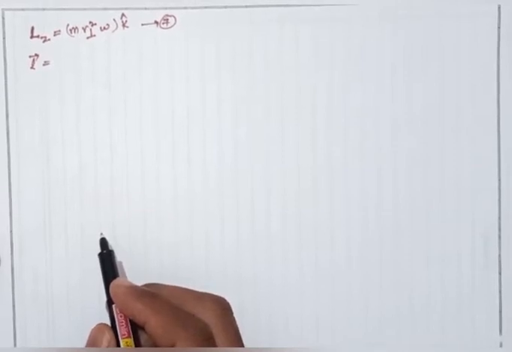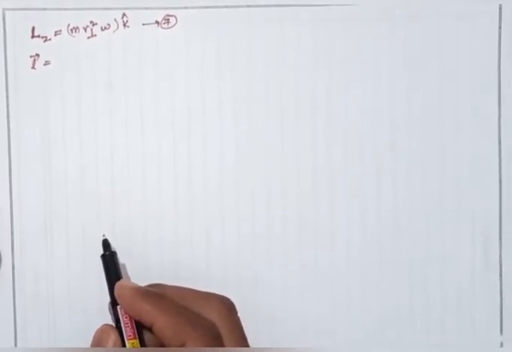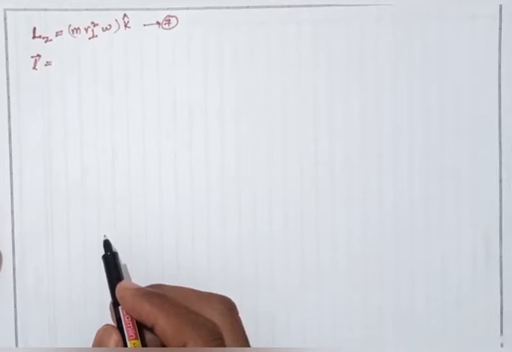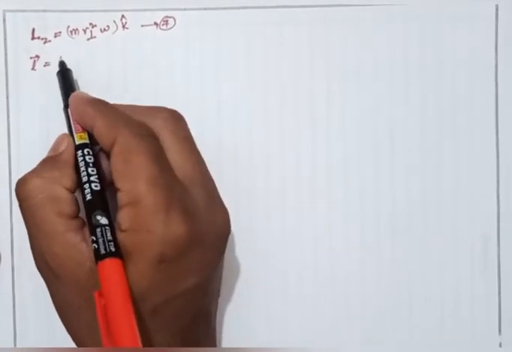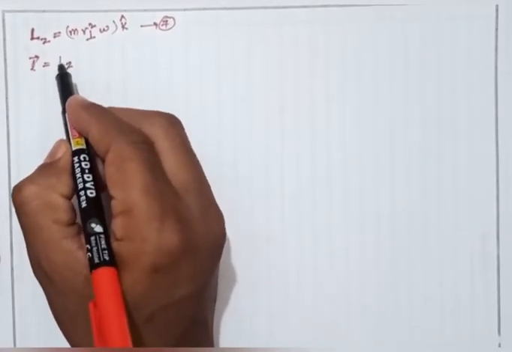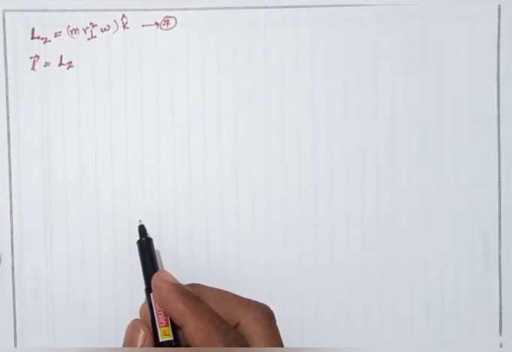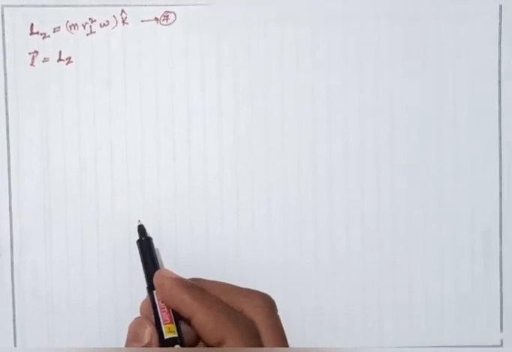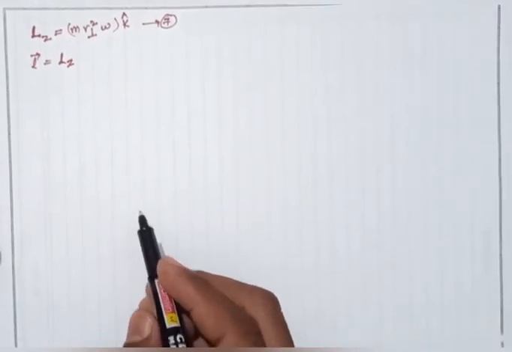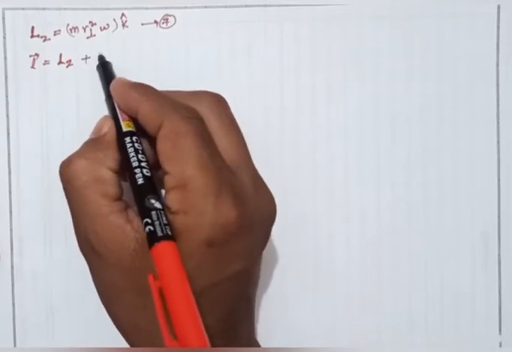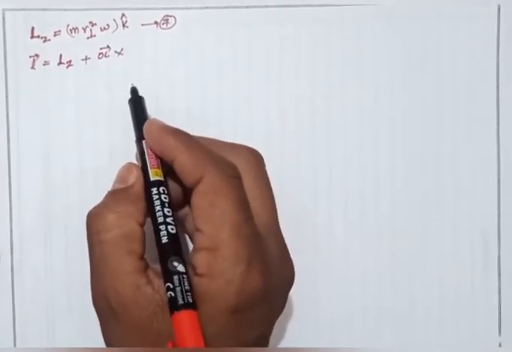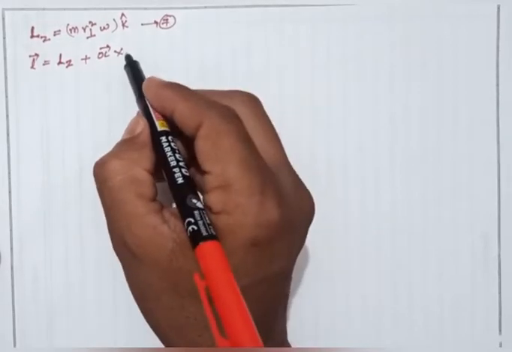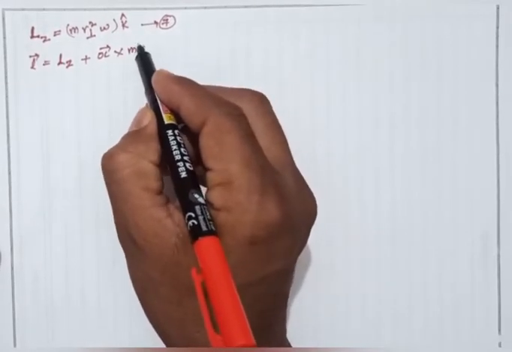From equation number 7, it is Lz plus OC bar cross m V bar.